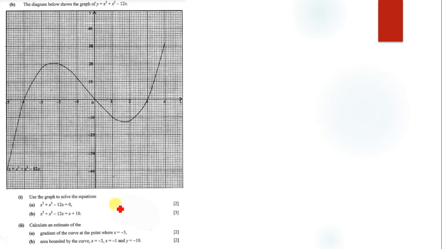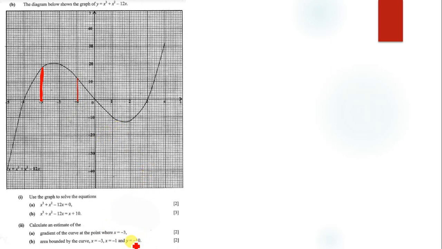Okay, so we have been given the area bounded by the curve, and apart from the curve, we've also been given x is equal to -3, which is this point there. So I'm going to draw a line from the curve, this point. Then we've also been told x is equal to -1, even that part.